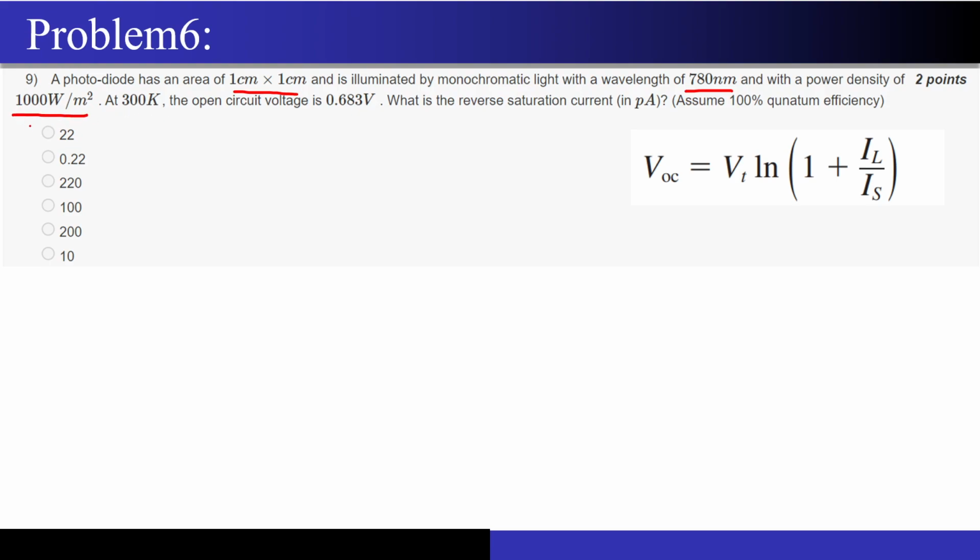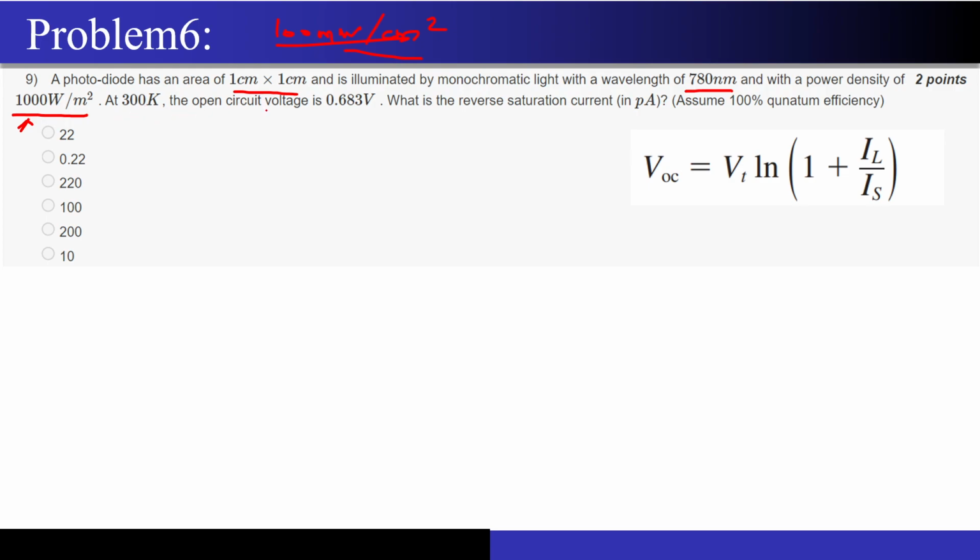This is a very huge number, right? It may look huge, but if you just convert this meter square into centimeter square, then it is just 100 milliwatts per centimeter square. Okay, so do not get fooled by this number. Just always consider the units, and this is a very standard unit, watts per centimeter square.